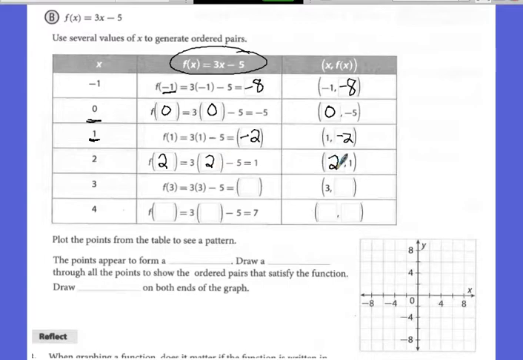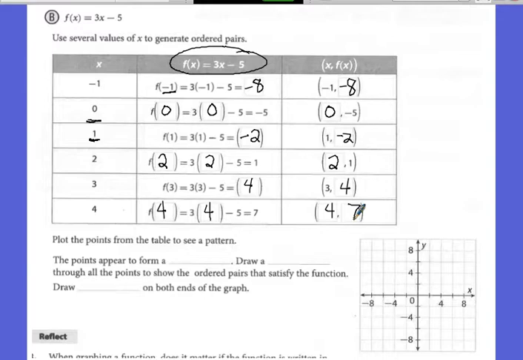So when I have an x value or a domain of 2, I get a range of 1. When my input is 3, 3 times 3 is 9, minus 5 is 4. And here f of 4, 3 times 4 is 12, minus 5 is 7. So when I put in 4, my output is 7.